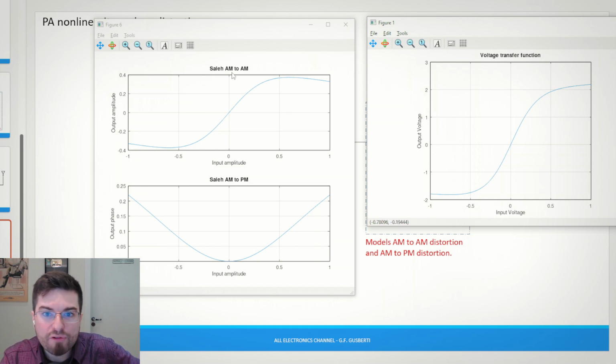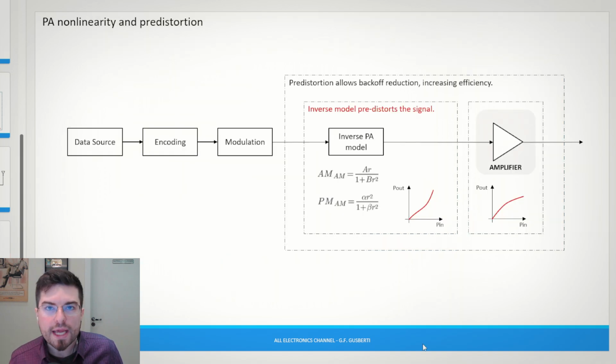And now that we have a model of the amplifier, we can create a predistortion system. We have data source, encoding and modulation, and the modulated signal, here the output of the modulator, is applied to the inverse Saleh model, in this example the inverse of the PA. This will predistort the signal. So when the signal goes to the amplifier it distorts again, and we counteract a little the effects of the distortion.